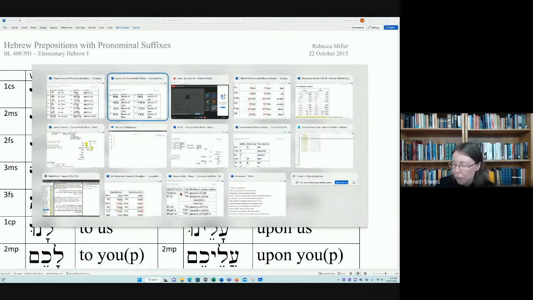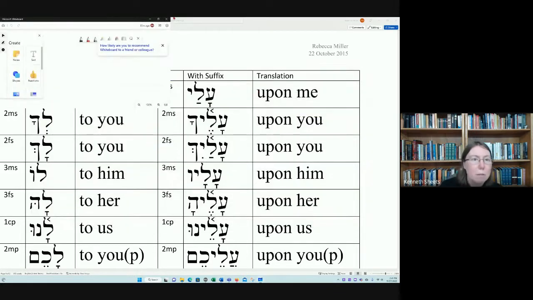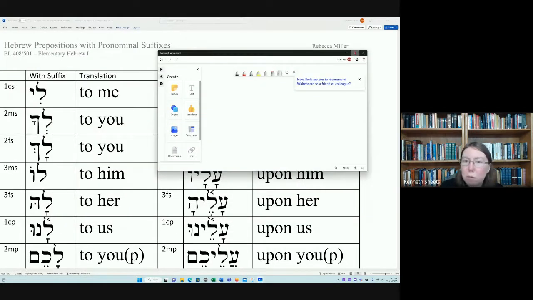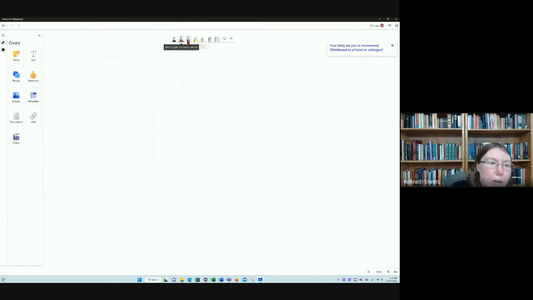So again, if we come on over here to the whiteboard, this bet preposition basically has the idea of location.